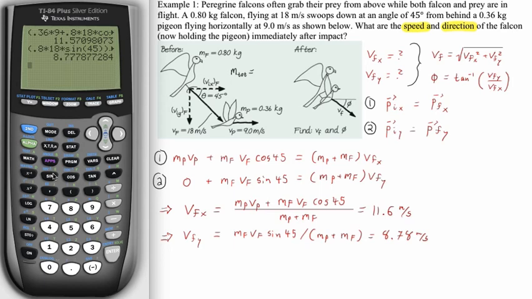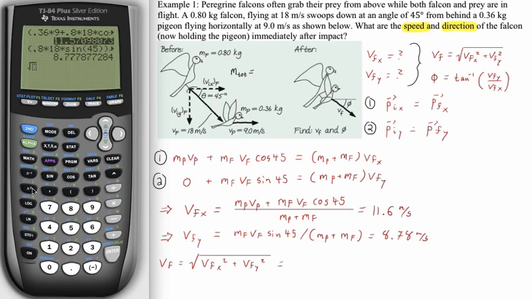Now let's solve for what it explicitly asked for, the speed and the angle. So the speed is just going to be those two values: the square root of v final x squared plus v final y squared. Let's do that over here on the calculator.